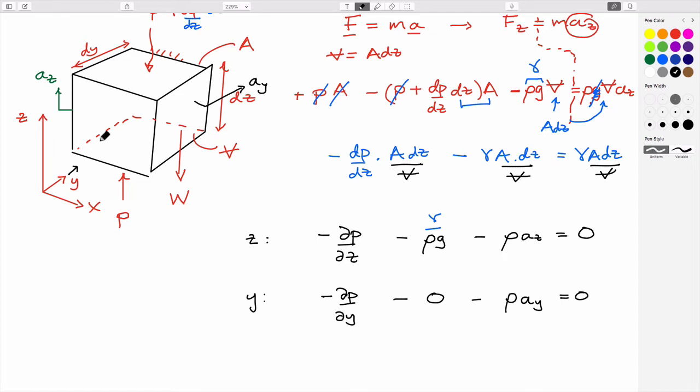So this means that the pressure on the back face and the front face, there's a pressure gradient across it, just like there was top and bottom. But now we're looking at resolving forces in the y direction, and y, of course, is orthogonal to gravity. So it doesn't feel gravity at all. So the component of gravity which acts in the direction of y is 0, because it's 90 degrees. And so that's why this term is 0. But it's accelerating in the positive y direction, just like the bus and the window, and therefore we get this.